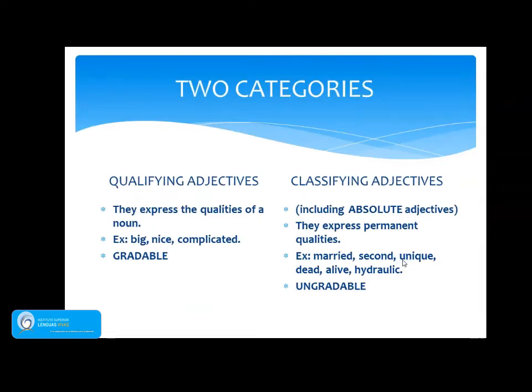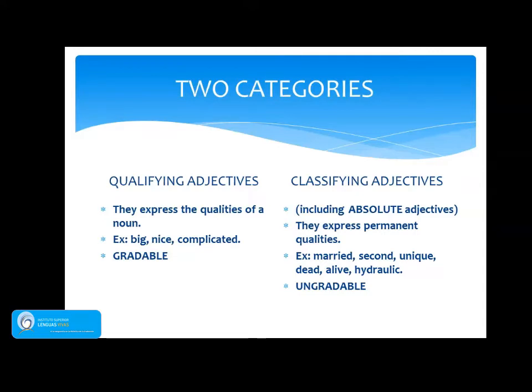If we talk about grade, we must talk about two categories for adjectives, these being qualifying and classifying adjectives. Qualifying adjectives express qualities of a noun, such as big, nice, or complicated, and classifying adjectives are absolute adjectives, that is, adjectives which cannot be intensified.